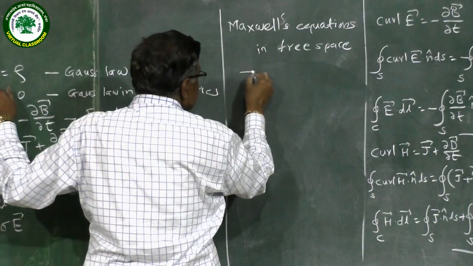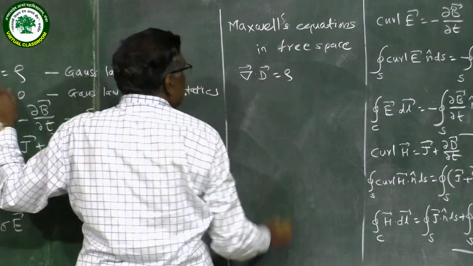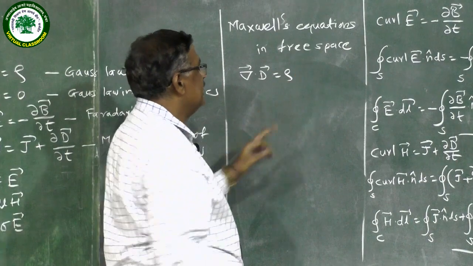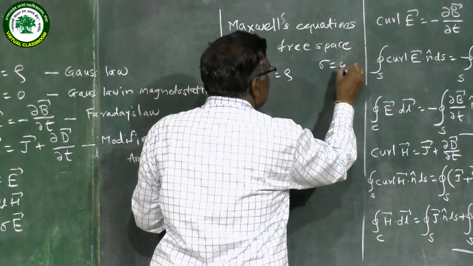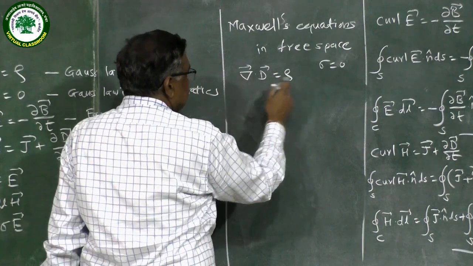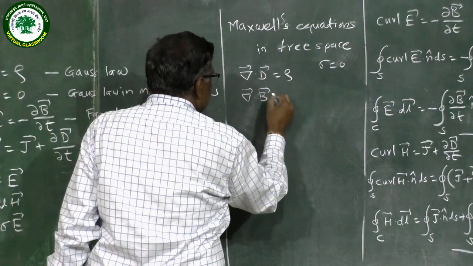The first equation is as it is, that is divergence of vector D is equal to rho. Free space means where the conductivity is 0. That means the value of sigma equals 0, and so the equations are written as divergence of vector D equal to rho. The second equation is also as it is, divergence of vector B is equal to 0.